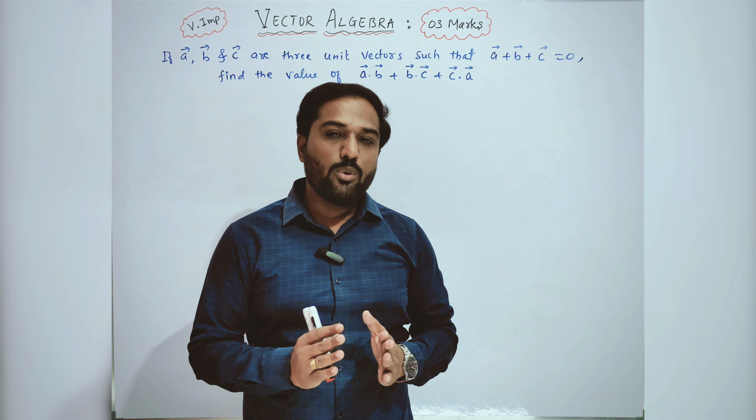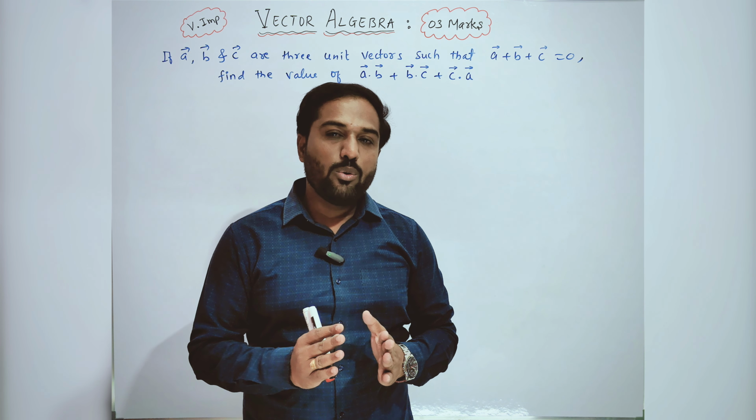A plus B plus C whole square is A square plus B square plus C square plus 2 A dot B plus 2 B dot C plus 2 C dot A. Instead of multiplication in vectors we use dot.